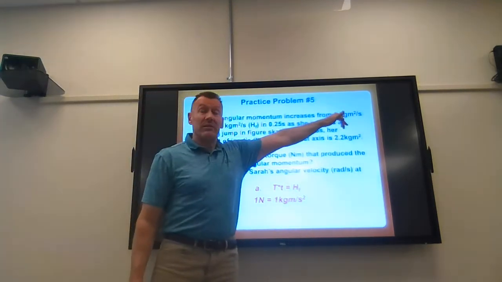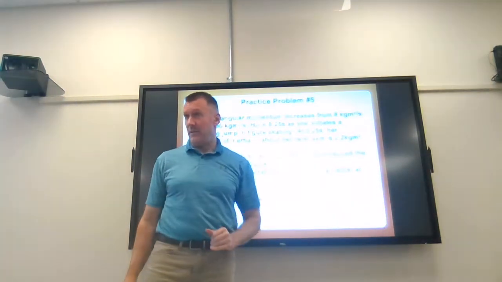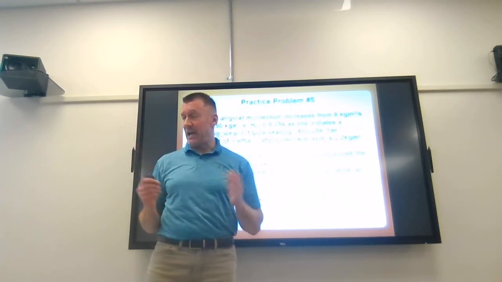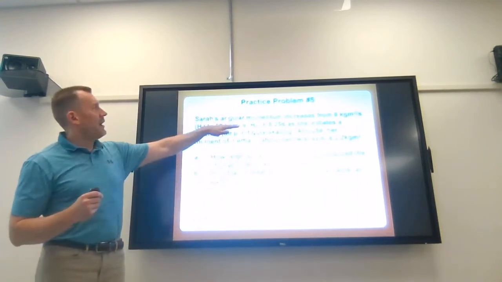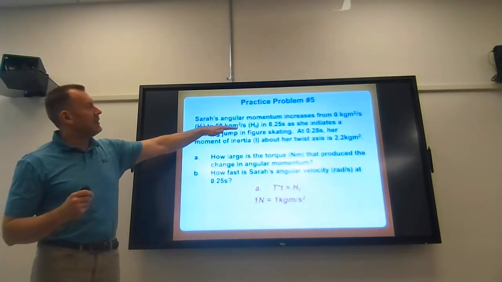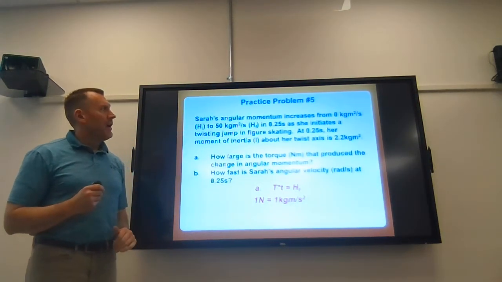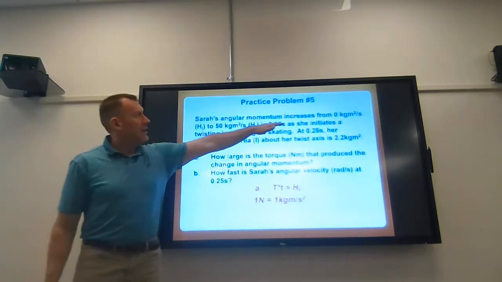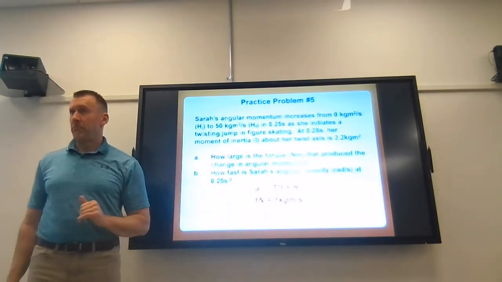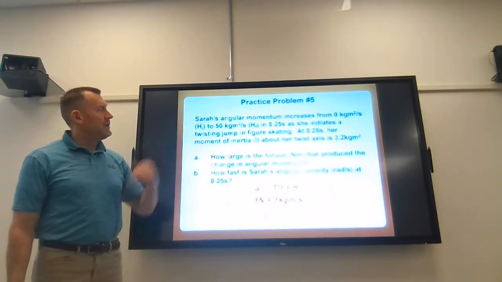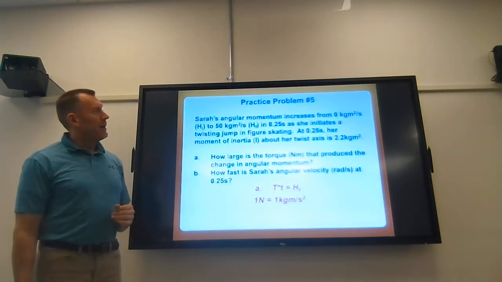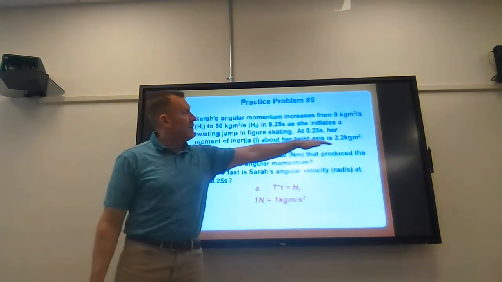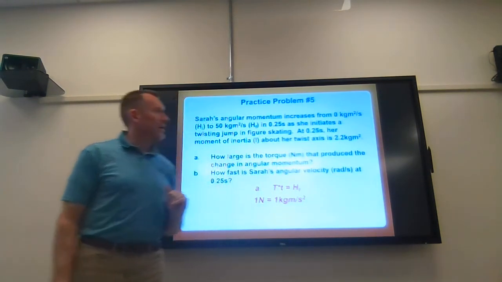The initial angular momentum would be equal to 0 because she's not spinning. We have to be spinning to have angular momentum. So the final angular momentum is 50 kilogram meters squared over seconds, and she goes from 0 to 50 in 0.25 seconds as she initiates a twisting jump in figure skating. At 0.25 seconds, her moment of inertia about her twist axis is 2.2 kilogram meters squared.